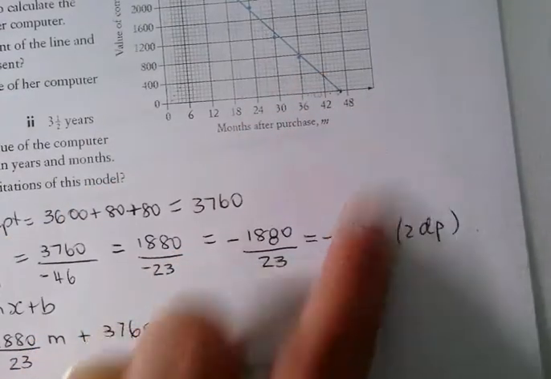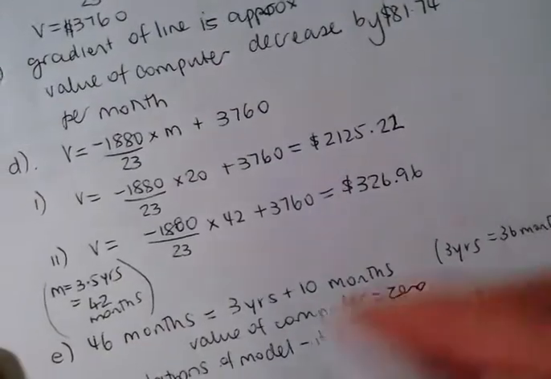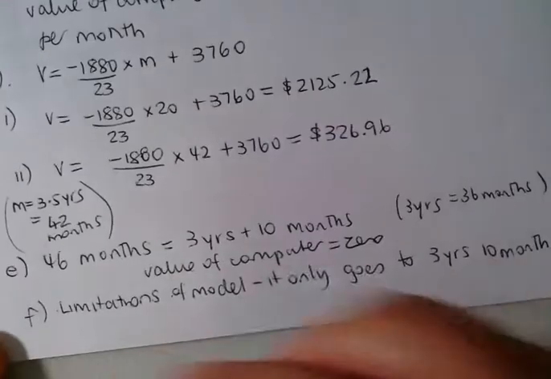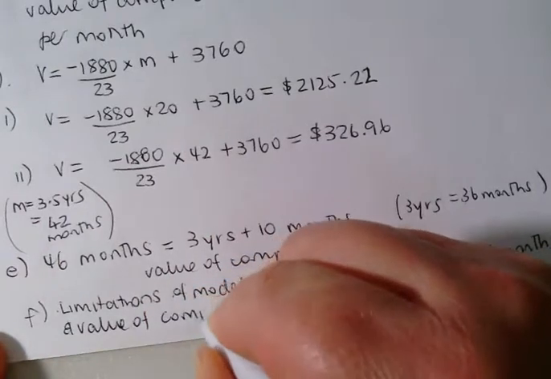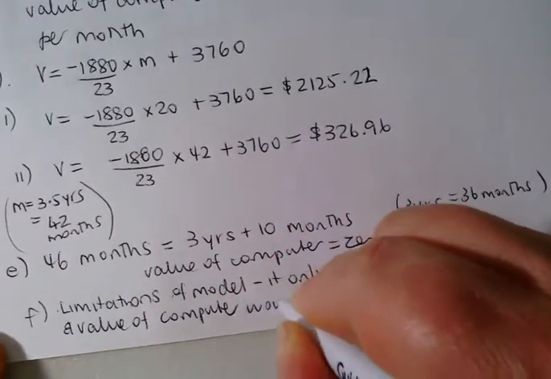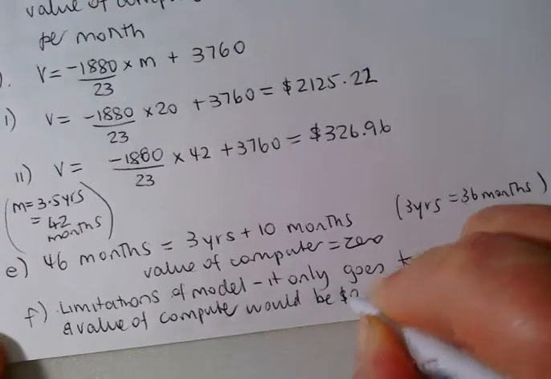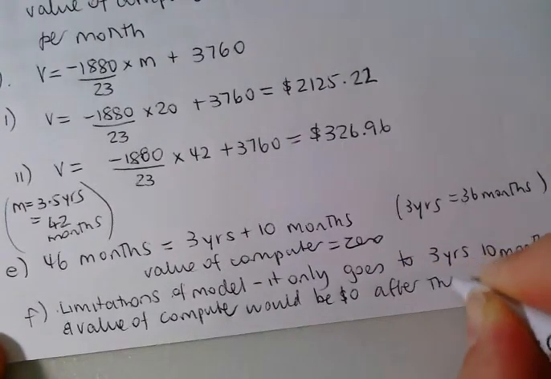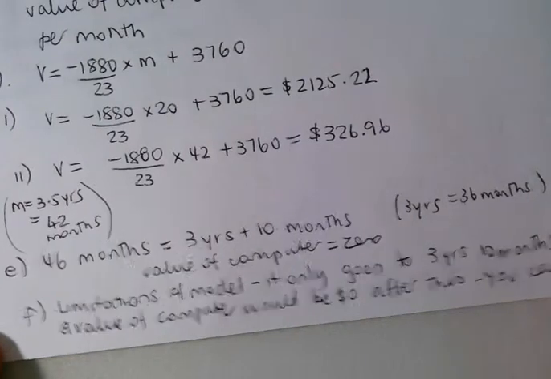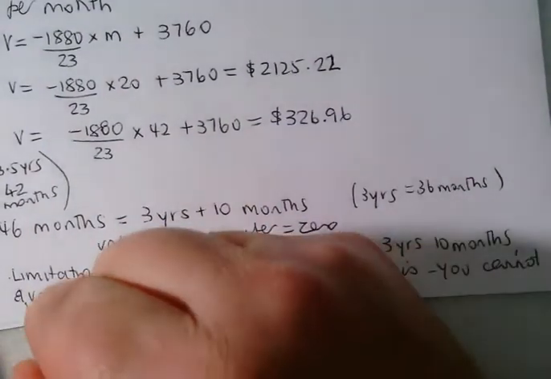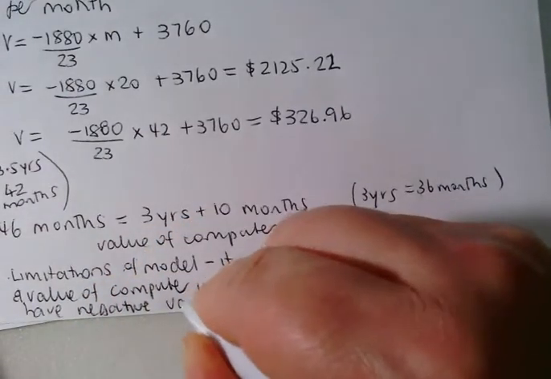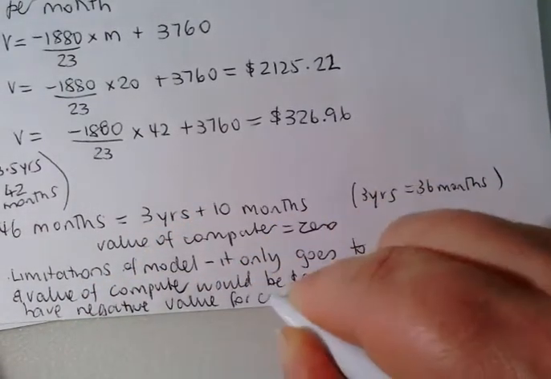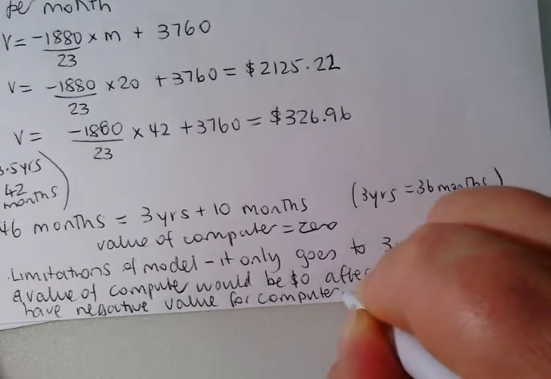The value of the computer would be 0 after this, because you cannot have a negative value for the computer.